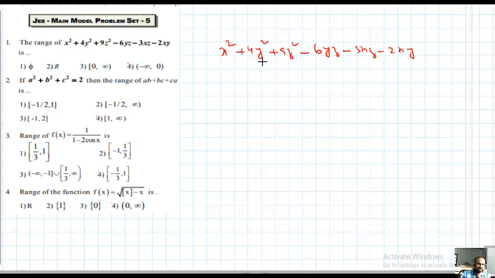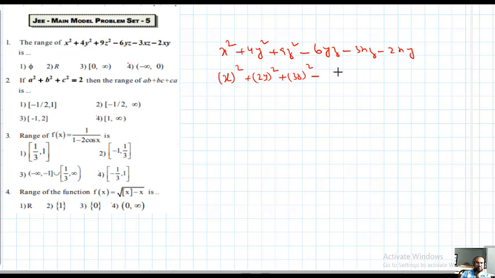So what happened here, Nana? This is an expression involving 3 variables. Generally our functions involve 1 variable. No? What is the meaning of this? It may be a perfect square, it may be the square of a number, it may be the square of an expression. Try to identify. See here, x whole square I can write this, 2y whole square I can write this, plus 3z whole square I can write this.